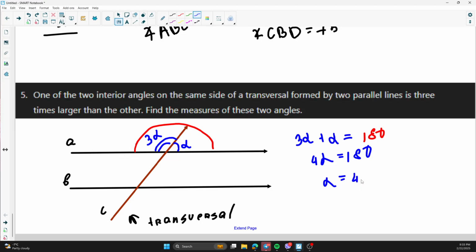So this is 45, and 3 alpha will be 135. Yeah, 135. Okay. Cool.